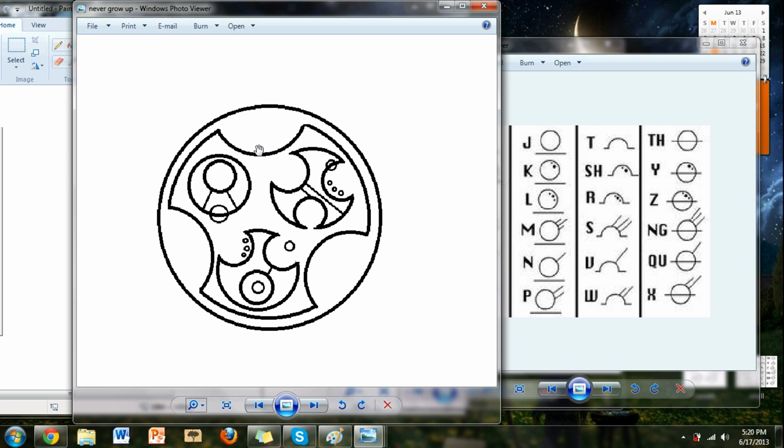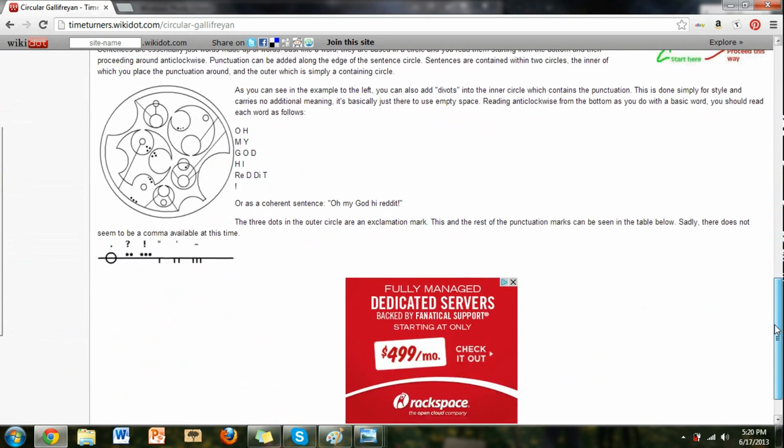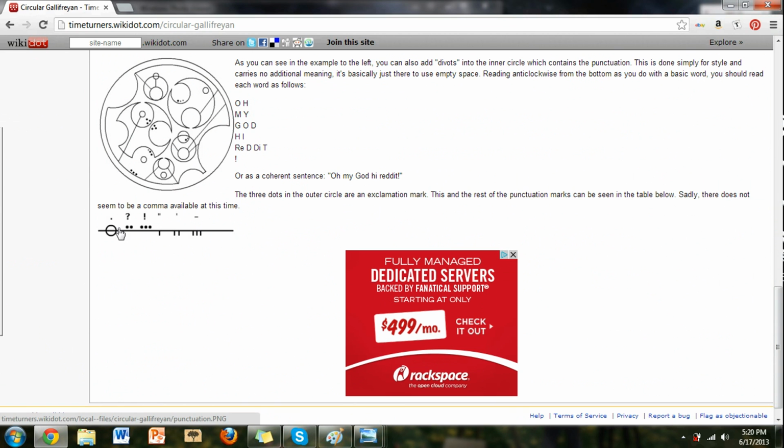Where there might be a problem would be if you put dots on them, or additional small circles, especially dots, because if we look here at the bottom of this tutorial, you'll see that the dots are punctuation. You'll see these punctuation marks right here on the outside of the sentence circle.